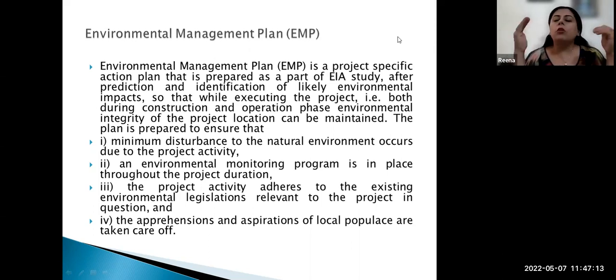So all those conditions which are there in your environment clearance letter have to be adhered to, and the adherence, or the kind of actions which have been taken, have to be reported every 6 months. So they are called 6 monthly reports. Those 6 monthly reports have to be submitted to the regional Ministry of Environment and Forest office, and a copy is also sent to the PPCB and Central Pollution Control Board.